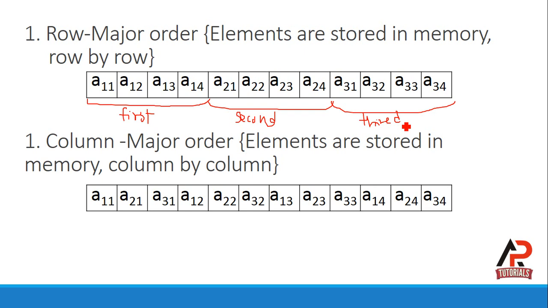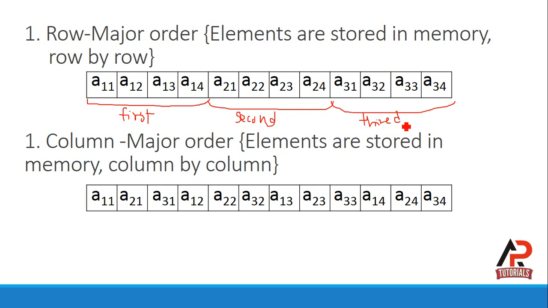After that, the next row A21, A22, A23, A24. These are the second row, and next the third row is stored as A31, A32, A33, and A34. So this is how the elements are stored in memory.